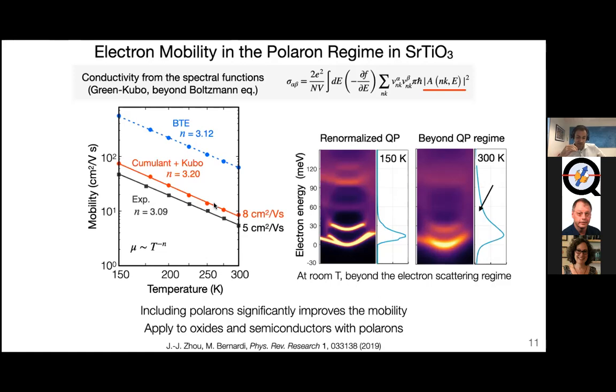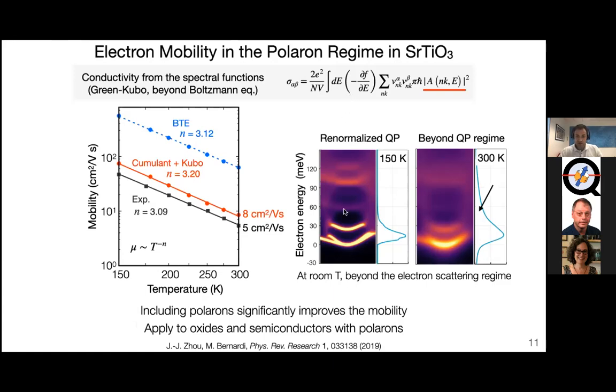So this level of accuracy for a calculation that uses no free parameters on a complex oxide with polaron effects is entirely unprecedented. And so on one hand, this method sets the stage for studying broad families of oxides and materials with polaronic effects. It has also allowed us to dig deeper into the physics of strontium titanate.